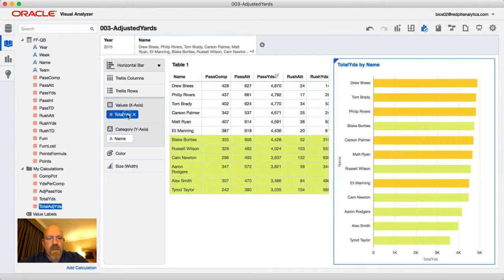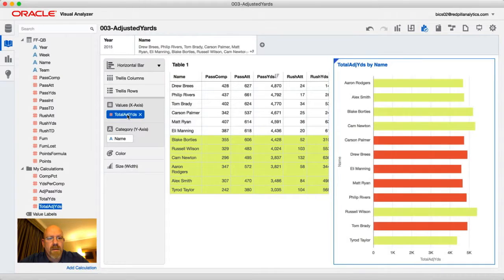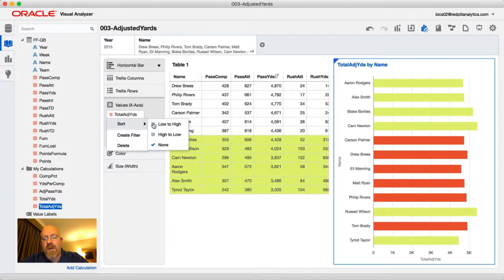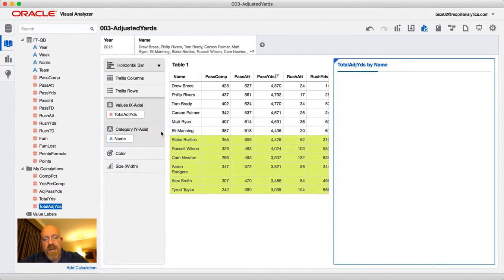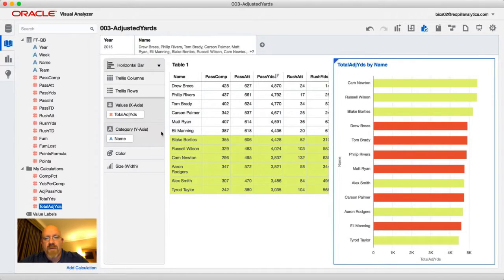If we look at that, now suddenly our rushing quarterbacks jump right to the top. Cam Newton, Russell Wilson, Blake Bortles, way above our Drew Brees, Tom Brady, Philip Rivers, Matt Ryan, our traditional passing quarterbacks. So that's an interesting use of some calculations and some visualizations with some color.